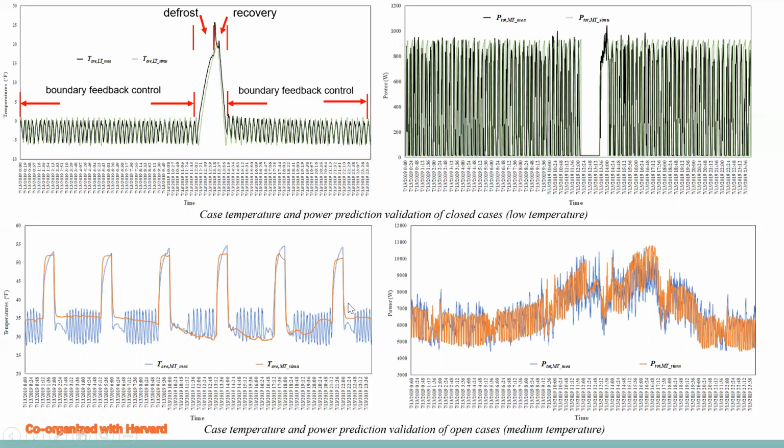The left two figures show the temperature and the power validation of the medium temperature case. One main difference is that there are 6 defrost periods in the whole day for the medium temperature case.